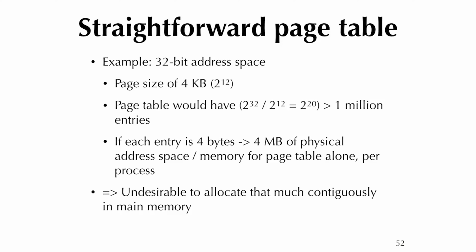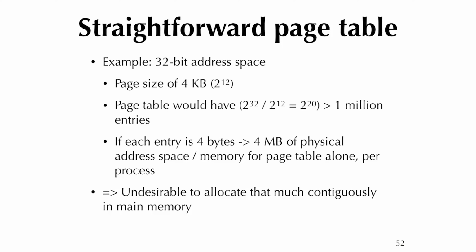So if you use a straightforward, or what's called a one-level page table, what do you have to do? Well, what you need is a way to map a page number to a frame number, right? And then how big your page is. So if it's 4K per page, then that's 2 to the 12 bytes.